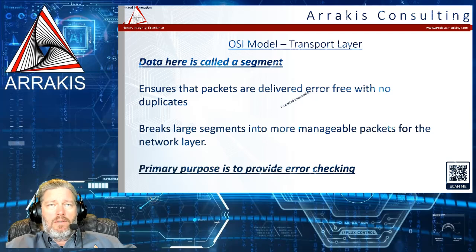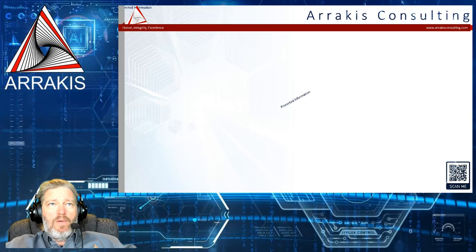Well, error checking is that one. Or another way of saying it, what layer of the OSI model performs error checking? That's a trick question, because CRC checks, which could be viewed as a form of error checking, happen at the data link layer. There's a form of basic error checking at the network layer. So you'd have to really look into that one a little bit.